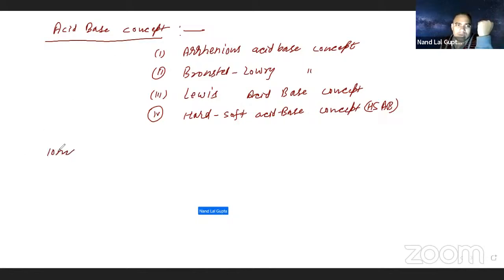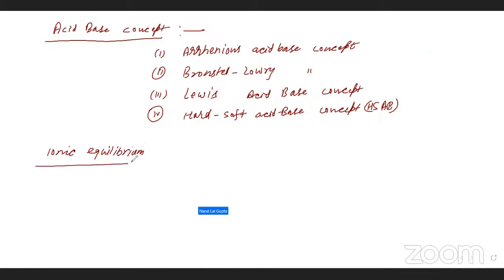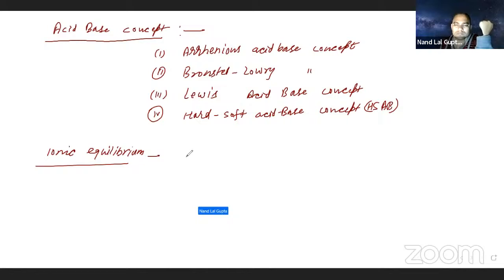If you talk about ionic equilibrium, can you define what ionic equilibrium is? Sir, the equilibrium present in an ionic system or ionic reaction.